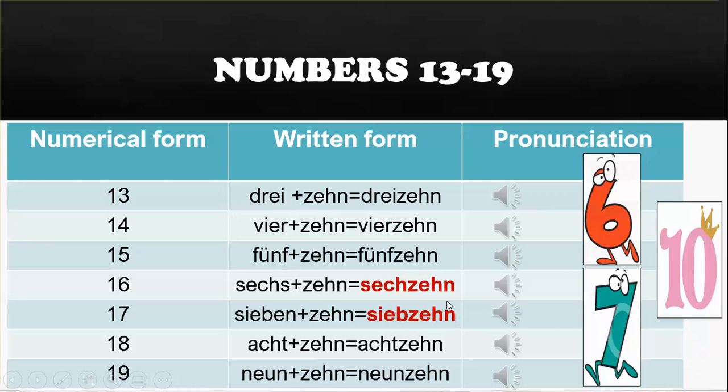Now this is what we can call the irregularities in German numbers, but you may see that the removal of the S from sechs and of the EN from sieben will help in the pronunciation of the final numbers 16 and 17.